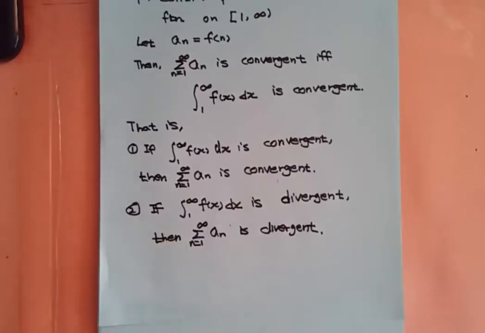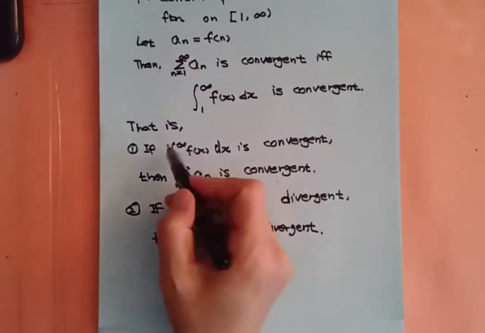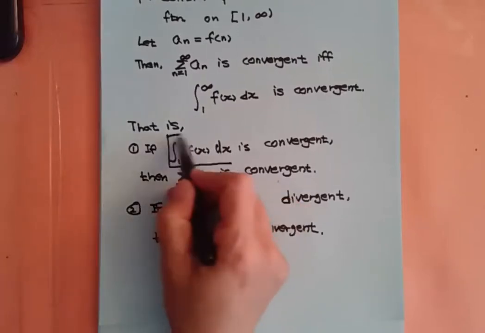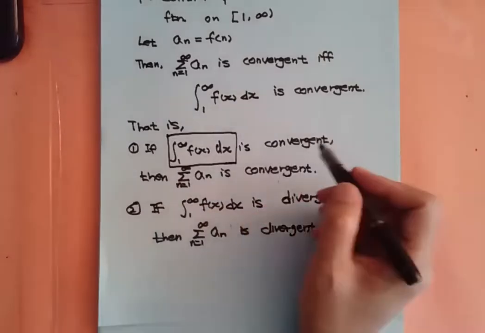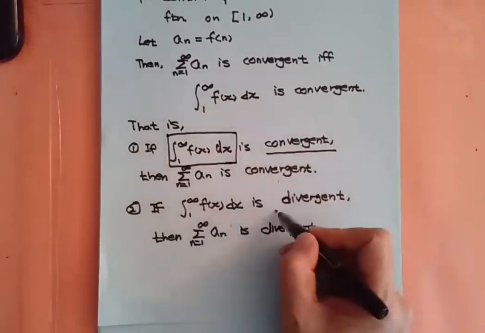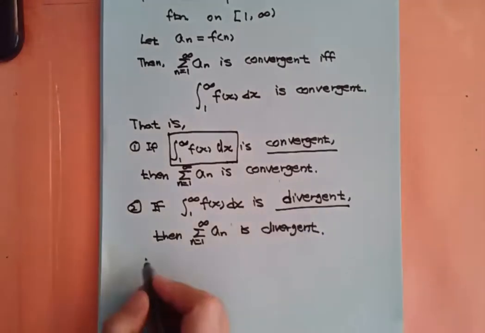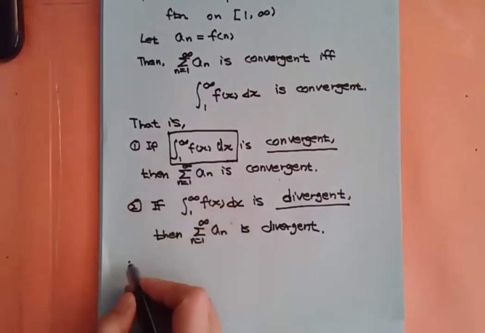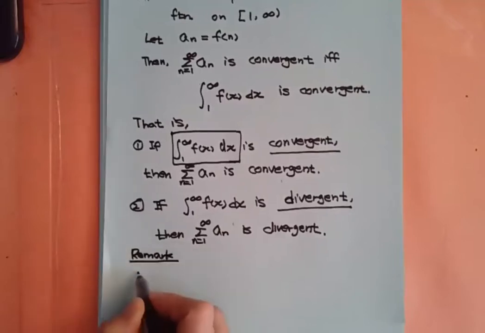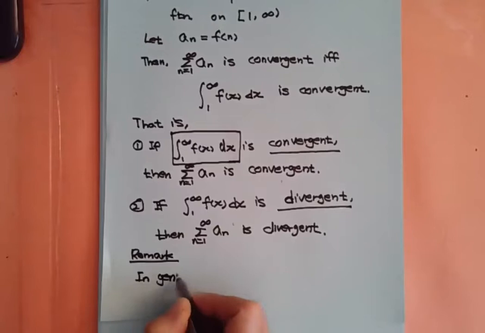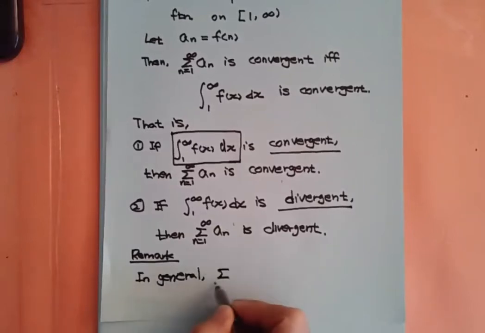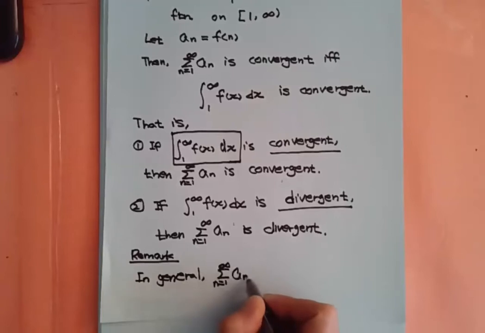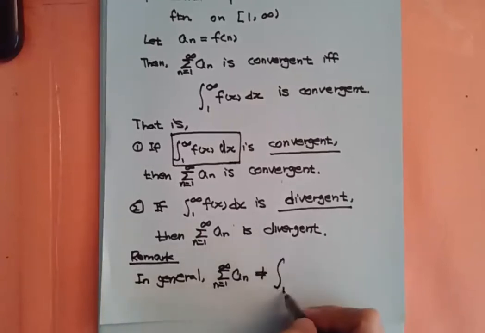But what you have to be careful about with the integral test is that by doing improper integration, you can determine whether the given series converges or diverges, but it doesn't determine what the sum of the series is. So in general, the summation n equals 1 to infinity, a_n is not equal to the integration value.